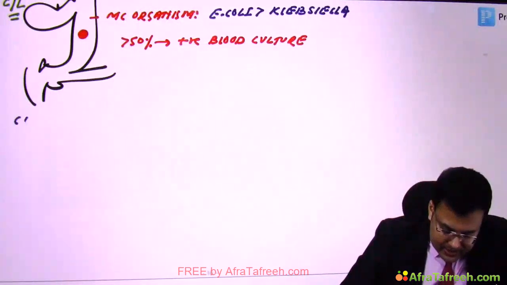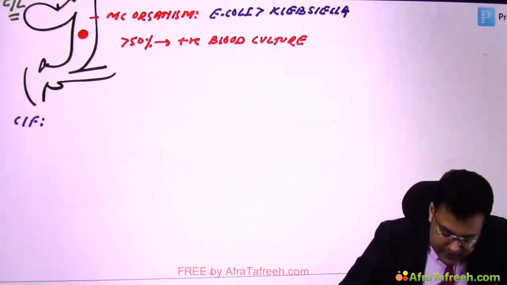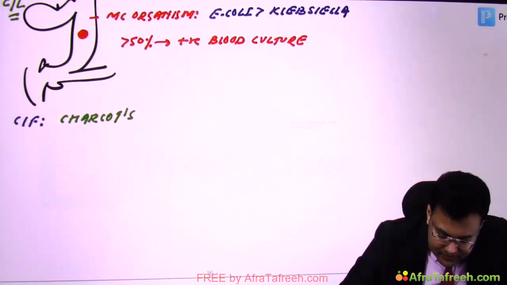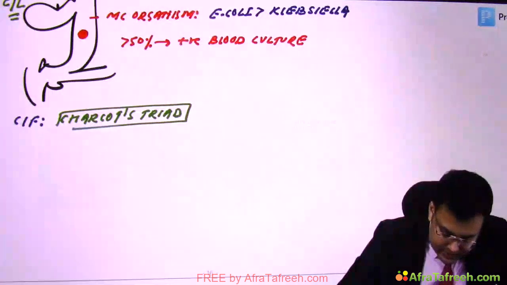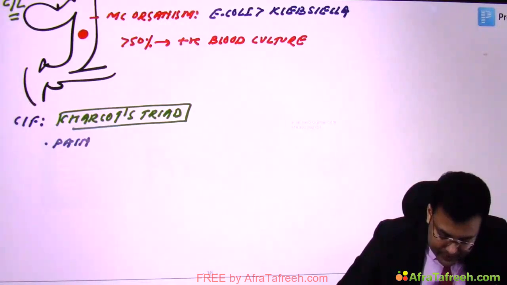So see the clinical features. It is characterized by a triad, which is frequently asked. What's the name? That's Charcot's triad. Clear? What are the components of Charcot's triad? There is pain, there is jaundice, and there is fever.